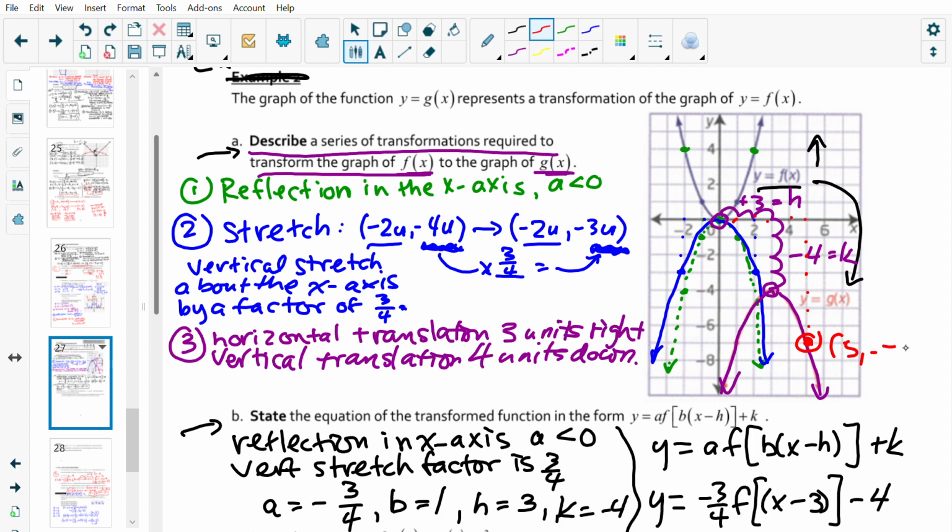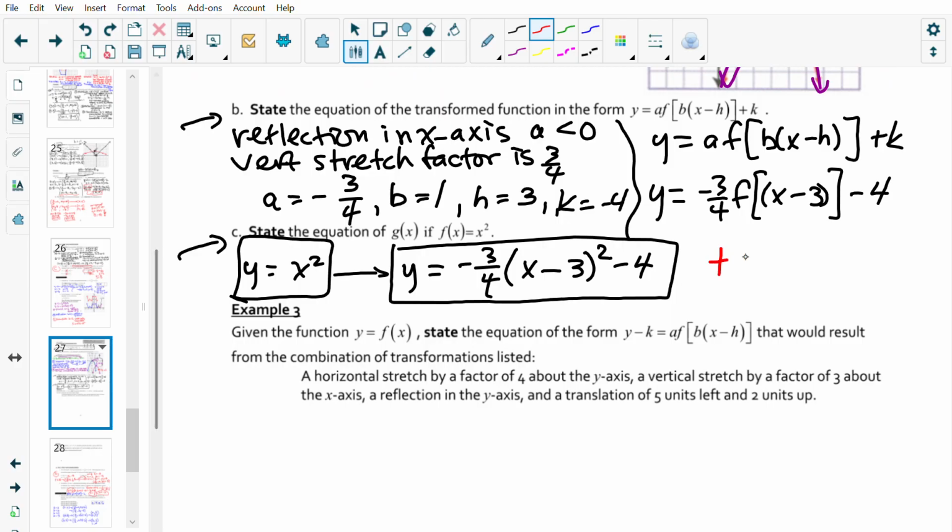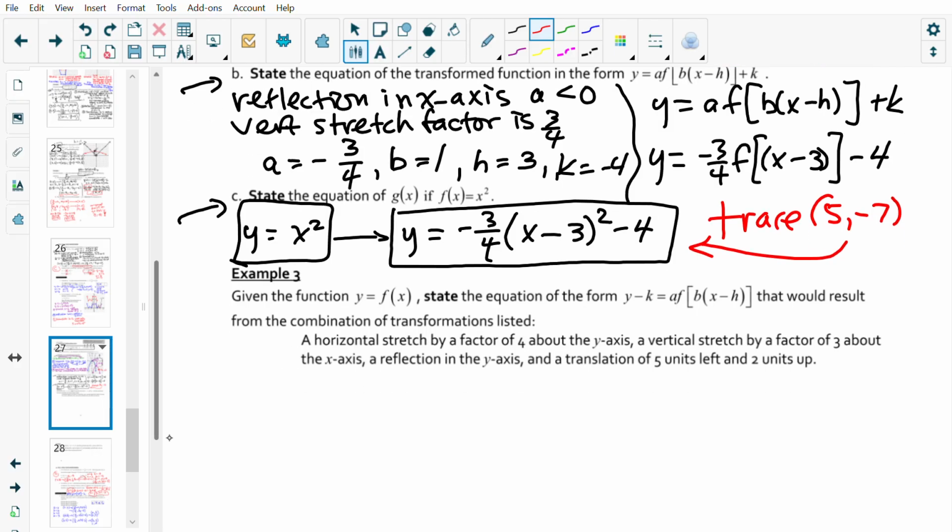So this is 5, negative 7. You can do a trace function. So trace 5, negative 7 on your graphing calculator and see that it exists on that graph. Or you can plug in 5 and then work out the arithmetic, and find negative 7.